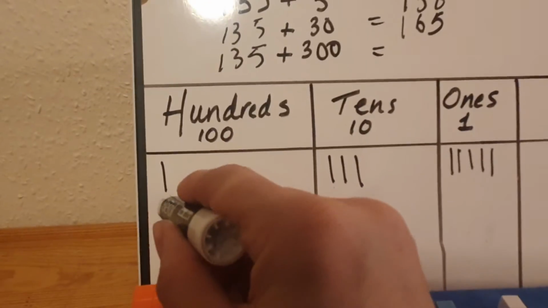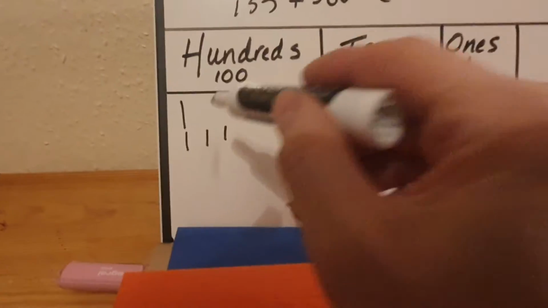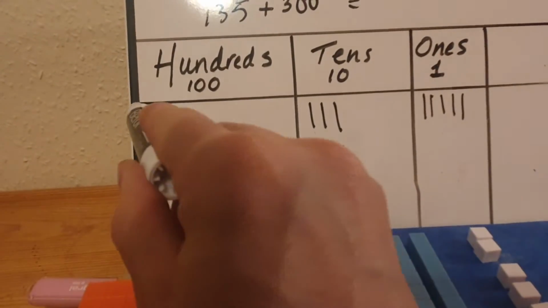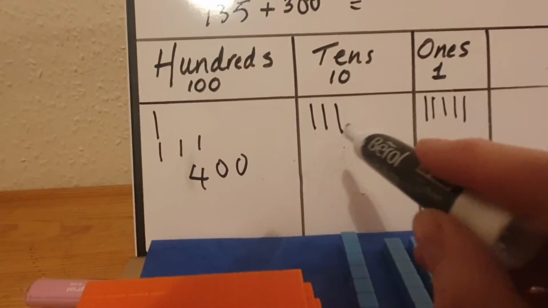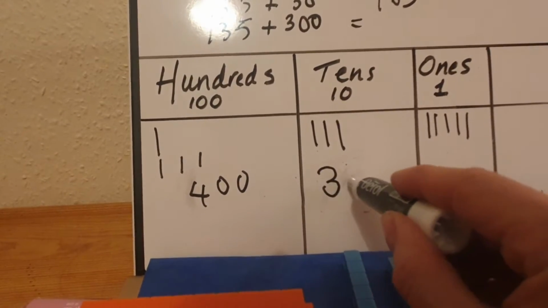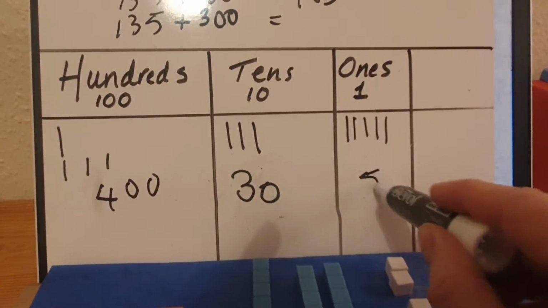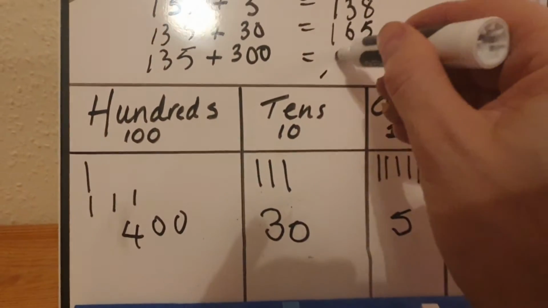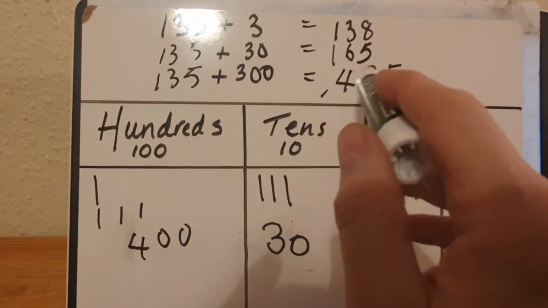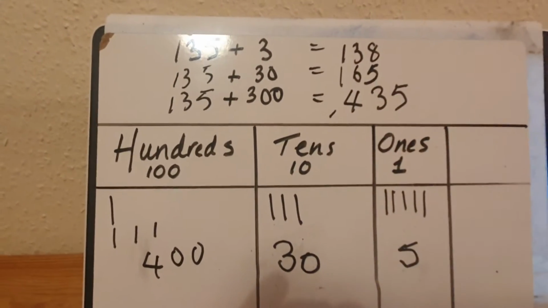So over here, I'm adding 1, 2, 3. So now altogether I've got 400. So I've got 100 and 300 is 400, and I've got 3 tens there, so that's 30. And 5 ones. And that would give me 435. So you can see this time it's only the 4s, so only the hundreds that have changed.